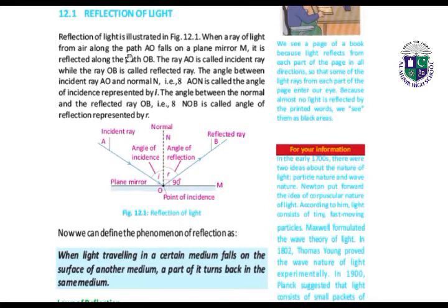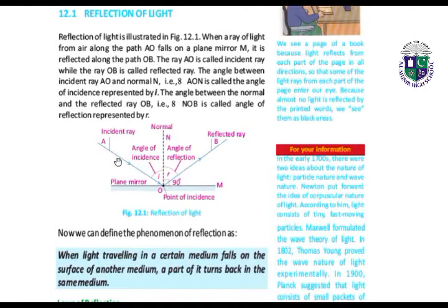When a ray of light from air along the path OA falls on a plane mirror. So students, here we have a plane mirror M. It is denoted by M. Here we have the incident ray, which comes from air along the path OA.